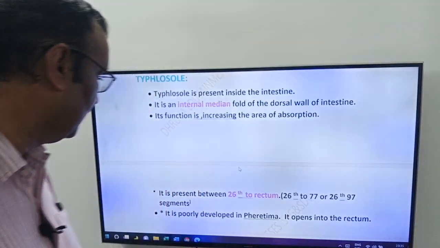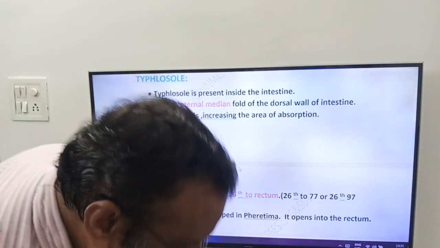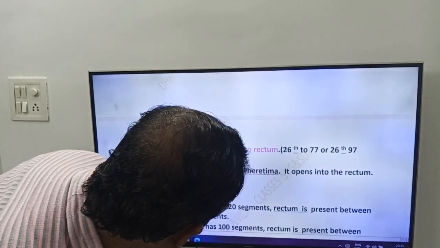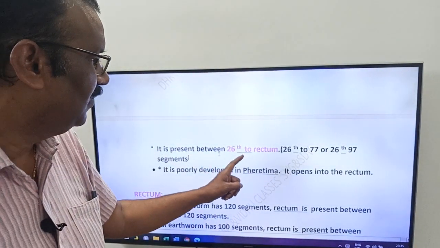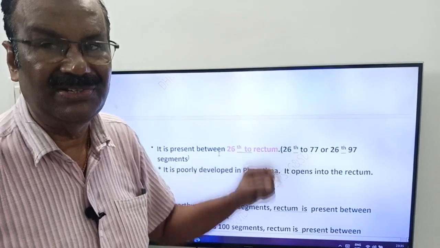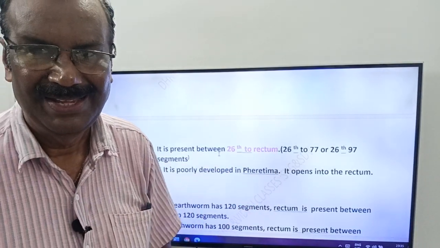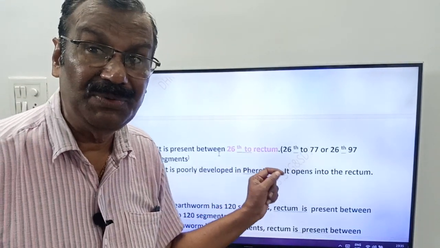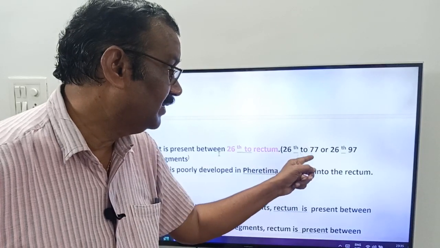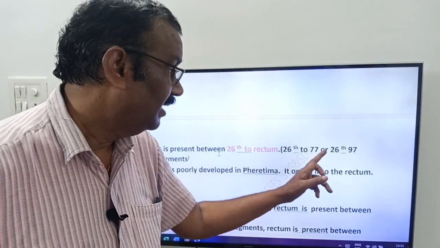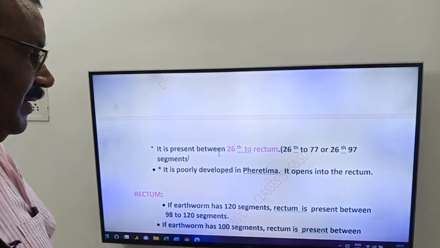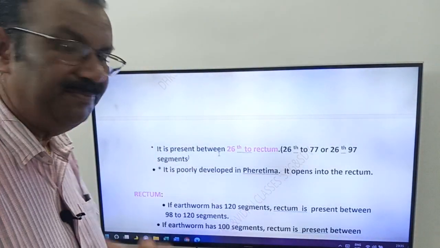Okay? Now see, friends, this typhlosole is present between the 26th segment and the rectum, friends. This is important. 26th segment up to the rectum means 26 to 70 segments or 26 to 97 segments. Next, very, very important, friends.